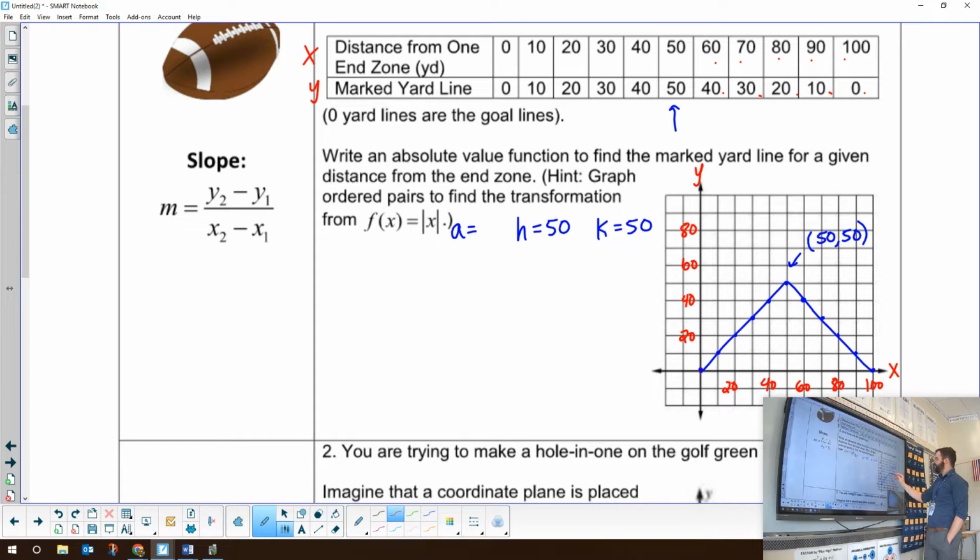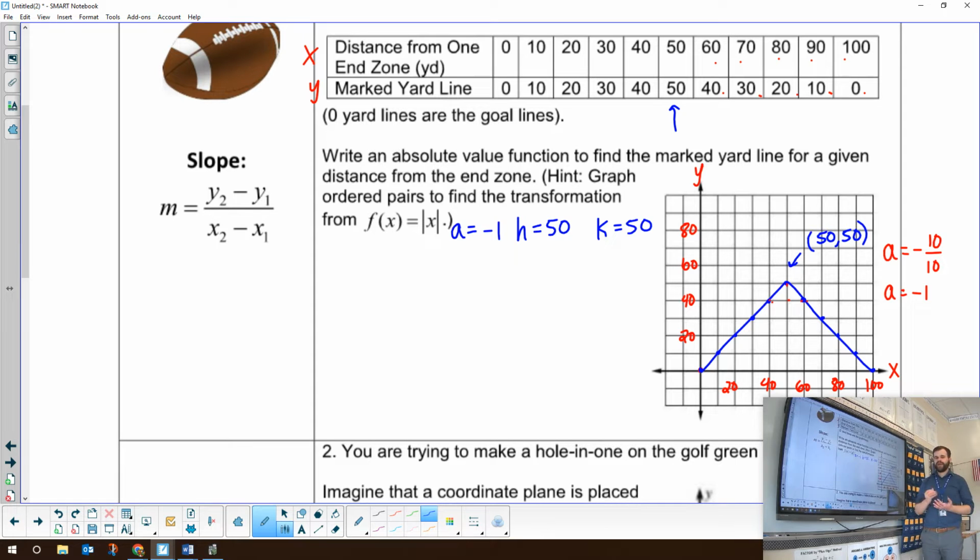So to find my a, we're going to go down 1 and out 1, or down 10, out 10. So my a is going to be, first off, negative, because my graph is opening down, and it's going to be negative 10 over 10, but that, of course, just reduces to negative 1. So my a is going to be negative 1.